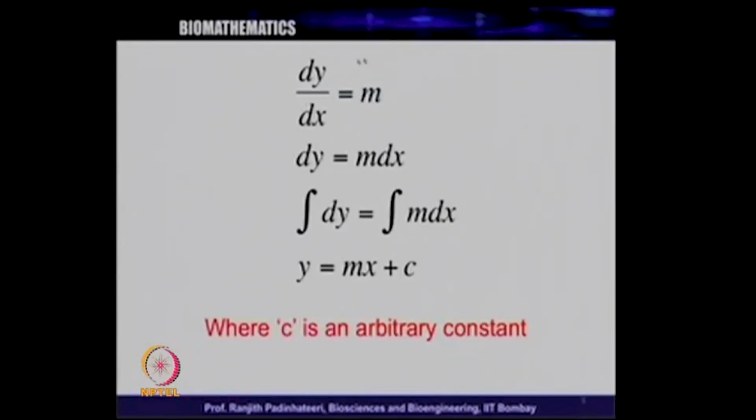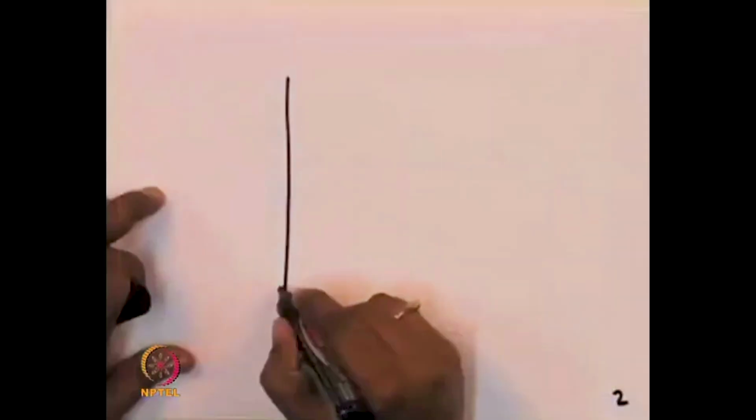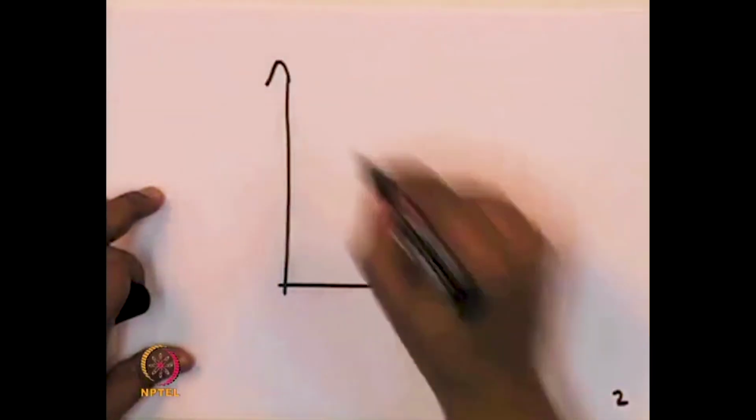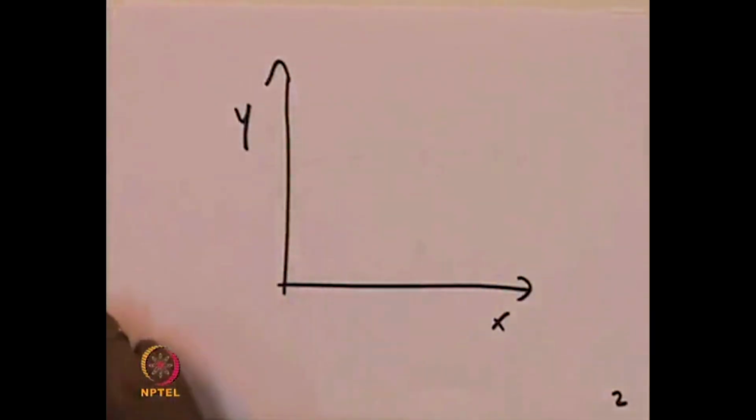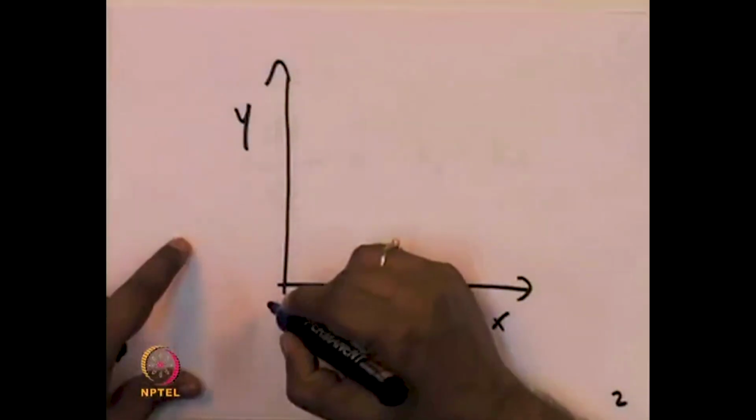We have dy by dx equal to m. Let me just take you through what dy by dx equal to m means. You have x and y. When you say dy by dx equal to m, you have a curve whose slope is always a constant.